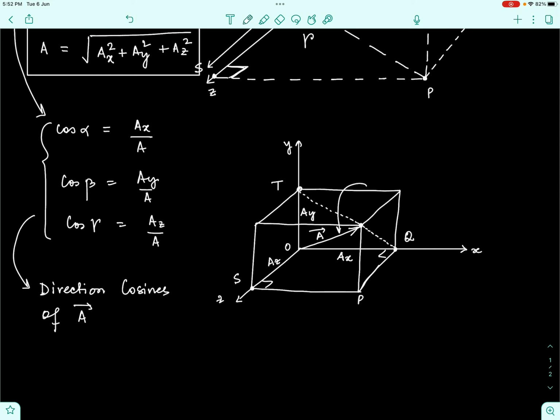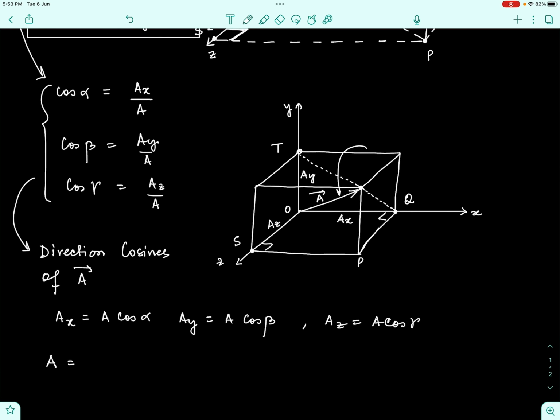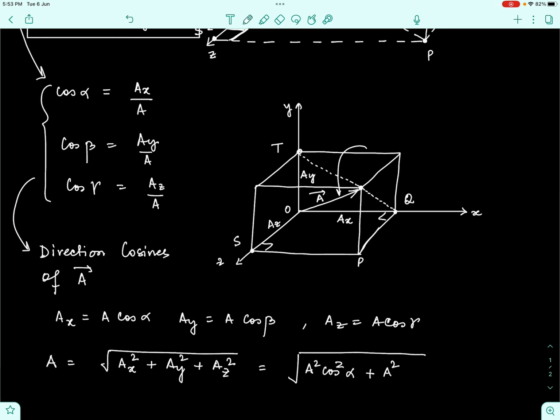We can easily prove from the expressions Ax is equal to A cos alpha, Ay is equal to A cos beta and Az is equal to A cos gamma, that the magnitude of vector A, which we have written as square root of Ax squared plus Ay squared plus Az squared, which will be square root of A squared cos squared alpha, substituting the values here, A squared cos squared beta plus A squared cos squared gamma.